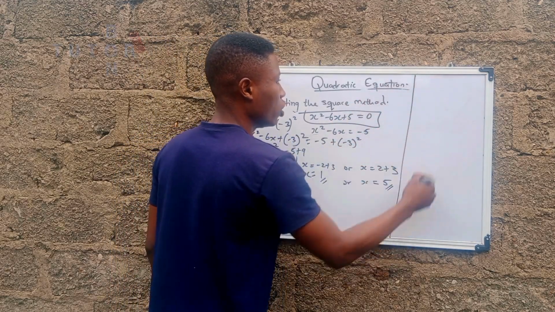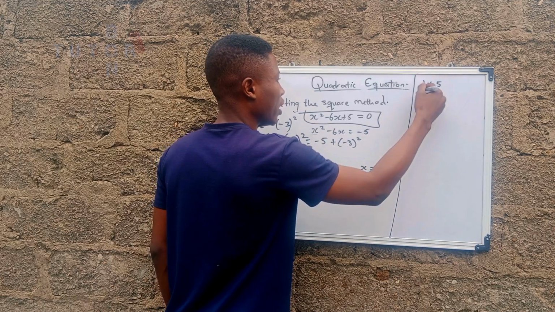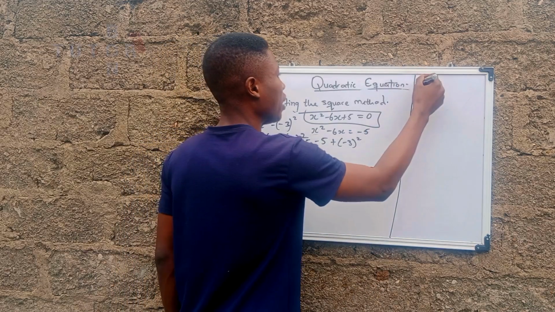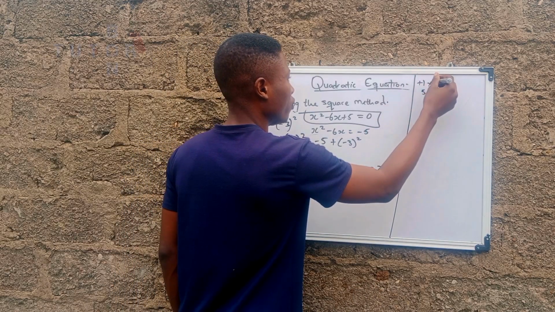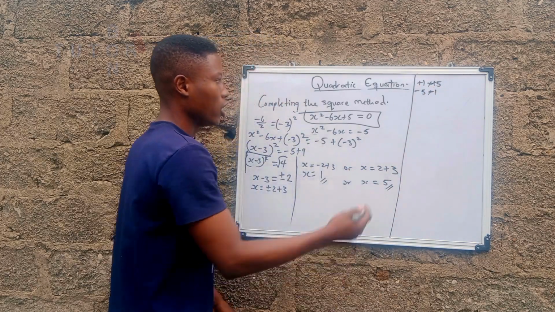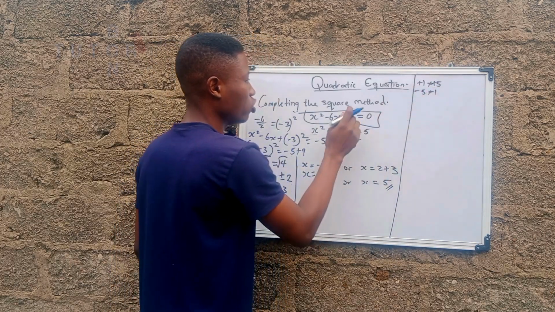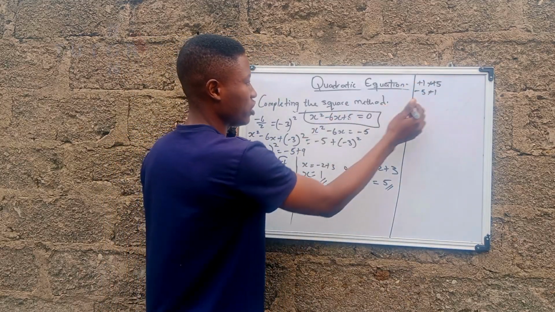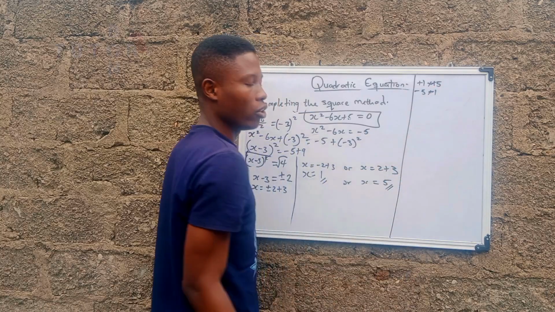The factors of 5 are 1 times 5, and also 5 times 1. It's still the same thing, but it can either be +5 and +1, or what? Yes, -5 and -1. If you multiply these two numbers together, you'll have 5. But which one of them can you add together to have -6? And it is -5 and -1.